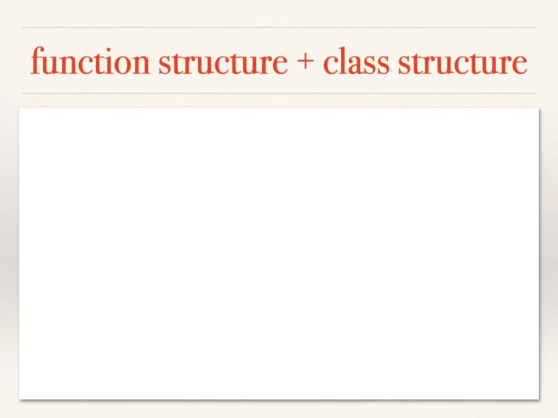So let me just recap this with a little animation of going from analysis of a clause just in terms of class structure and then splicing in the function structure.